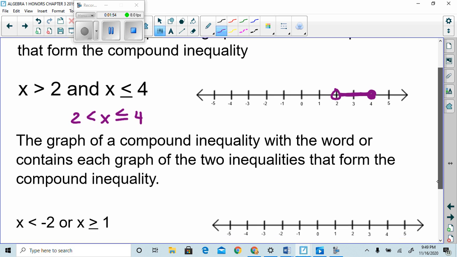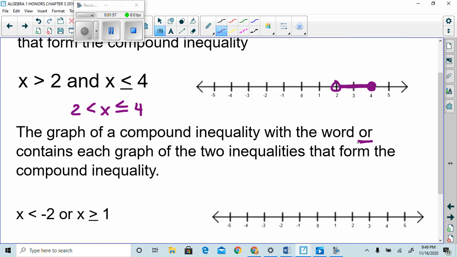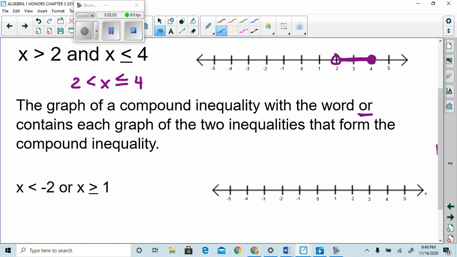The graph of a compound inequality with the word or contains each graph of the two inequalities that form the compound inequality. So there are going to be two separate ones, and we're going to see that these go in opposite directions. We find an open circle at -2, and everything less than shades to the left. Or the solutions could be x is greater than or equal to 1.